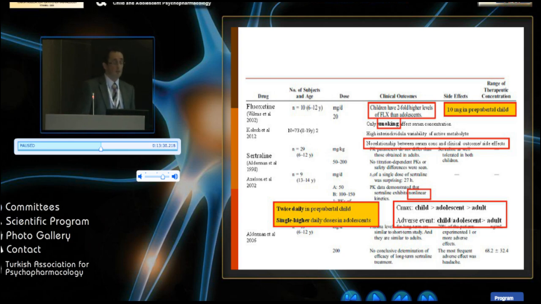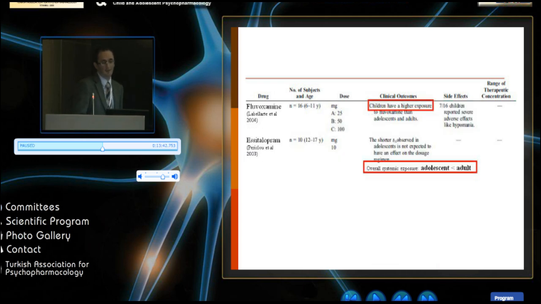So the suggestion is that in prepubertal periods, twice daily should be the method to follow, but in adolescents, single dose per day, but higher doses are found to be more useful.